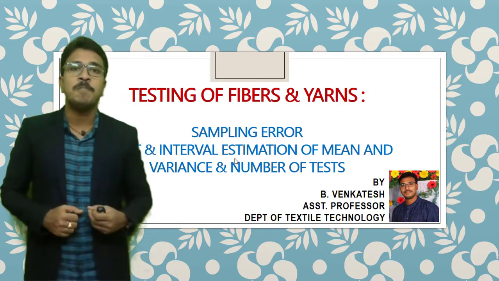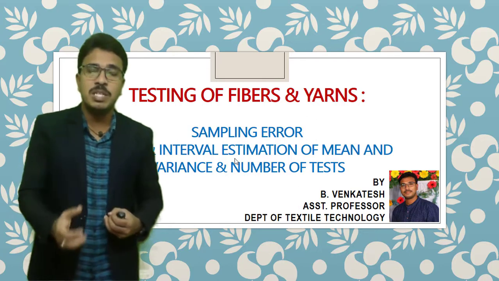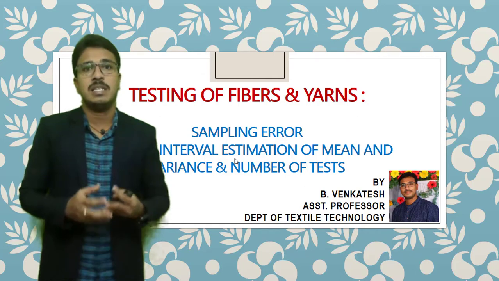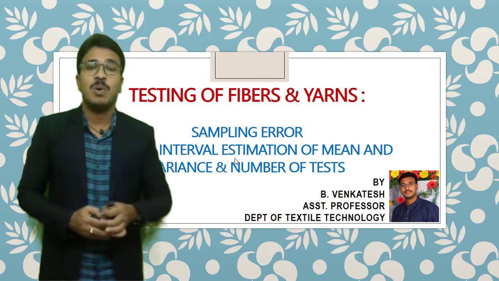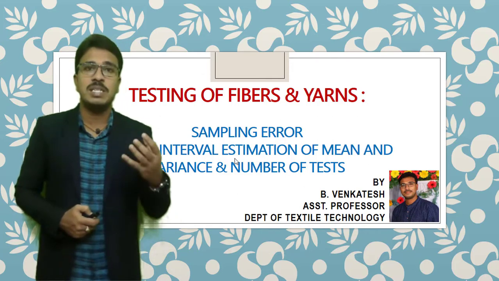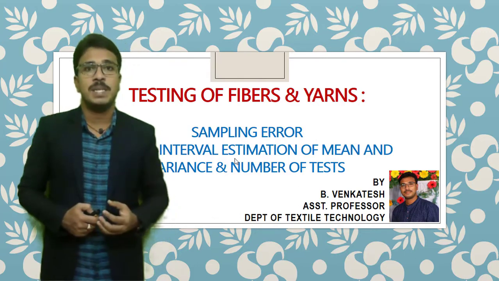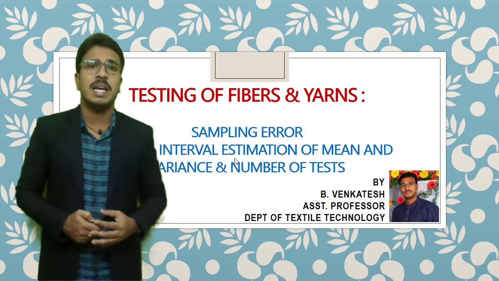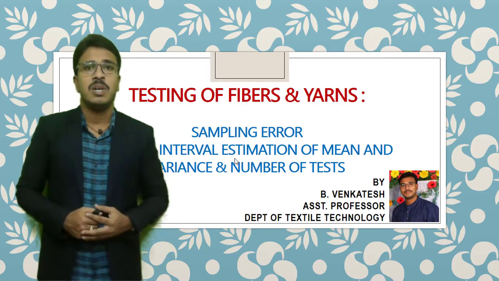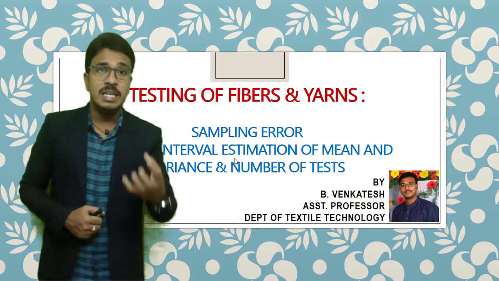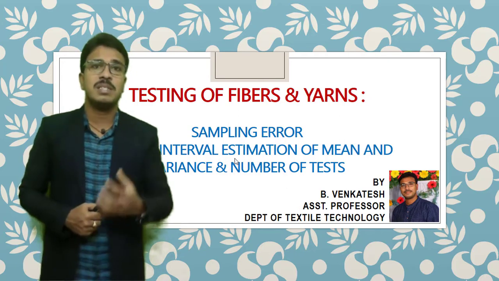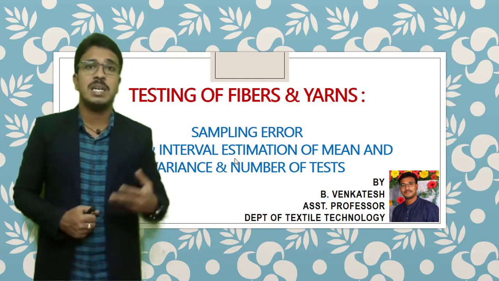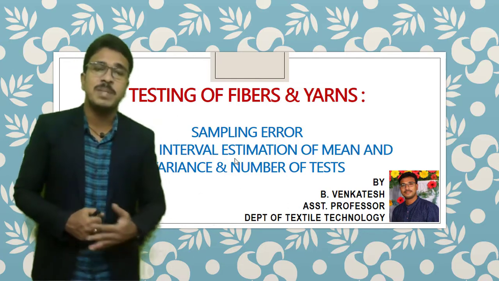In the last class we discussed this concept, where there are certain pre-conditions or specified conditions, like what average you are expecting, what percentage you are giving for allowance, like the error allowance, and what confidence probability percentage you are giving, either 95%, 99% or 90%.